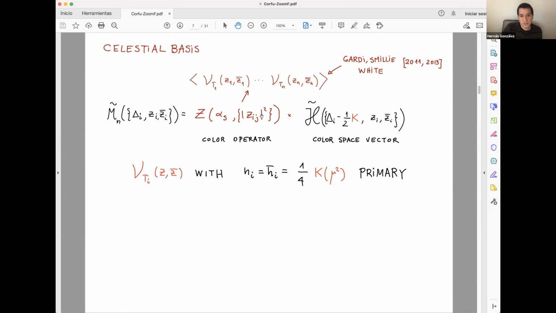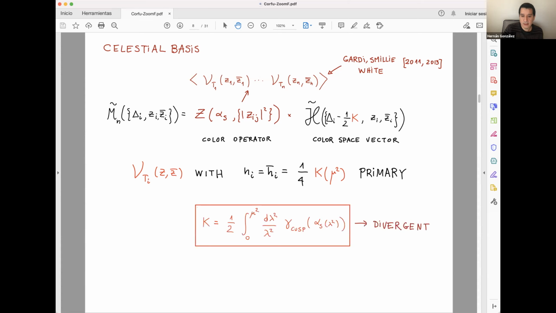From this equation, you can see that these vertex operators, or soft Wilson line operators, have a conformal dimension without spin, and it is entirely defined in terms of this quantity k, that is the integral of the cusp anomalous dimension.